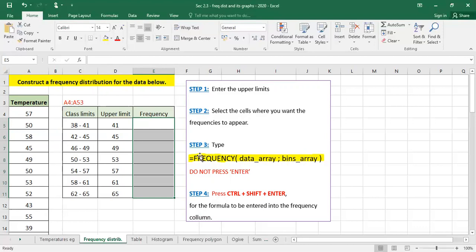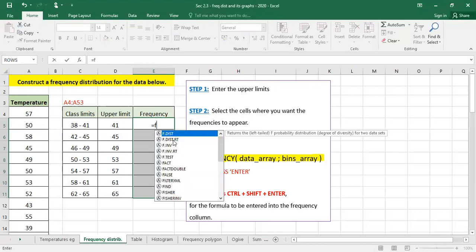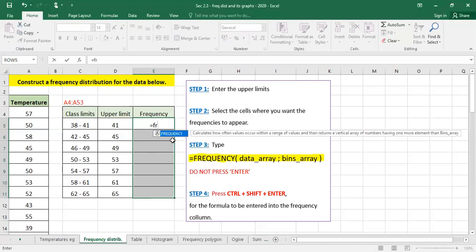Okay, so let's use that command. We just start typing equals. Now Excel's not case sensitive, so I'm going to use lowercase: f-r-e. Notice just two letters and it's already popped up the frequency command. I'm going to double click to select it. As I put my cursor over here, it says the first thing I want is the data array.